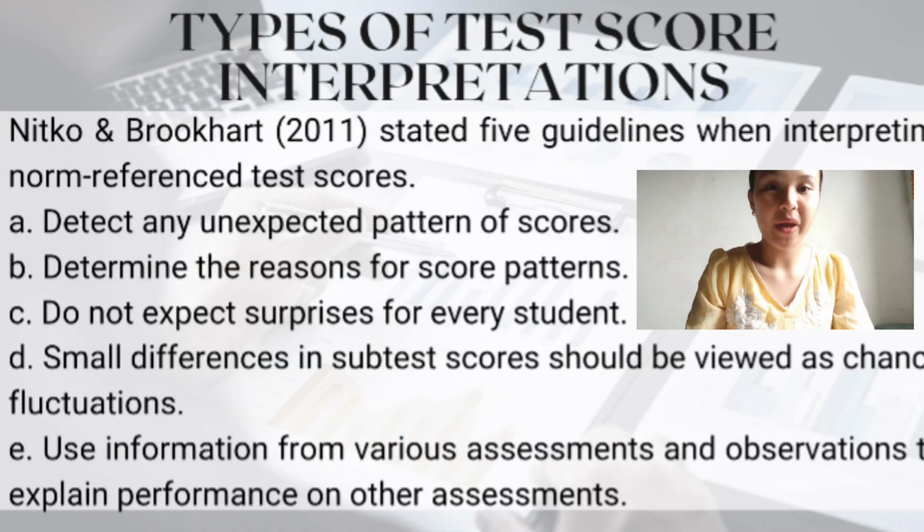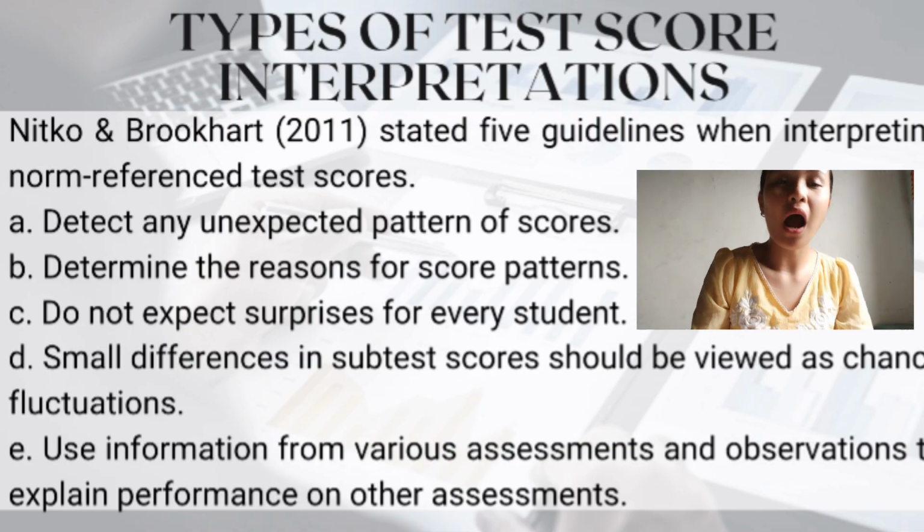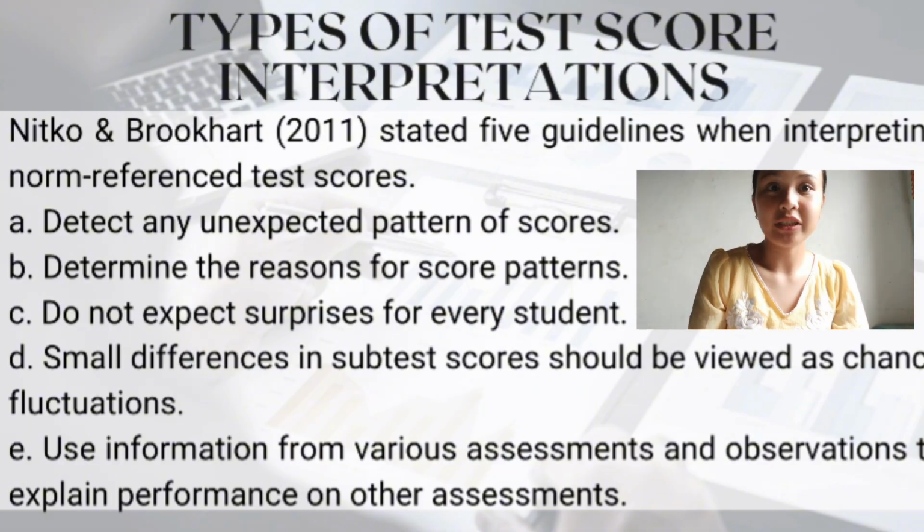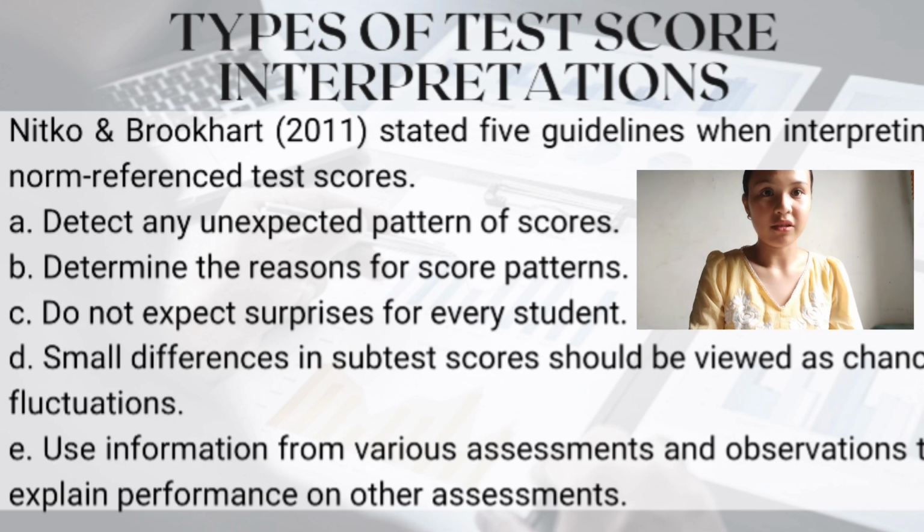Third, do not expect surprises for every student. The teacher must know how each student is performing in his or her class. The fourth, small differences in subset scores should be viewed as chance fluctuations, and test scores may or may not be statistically significant to call for instructional intervention.